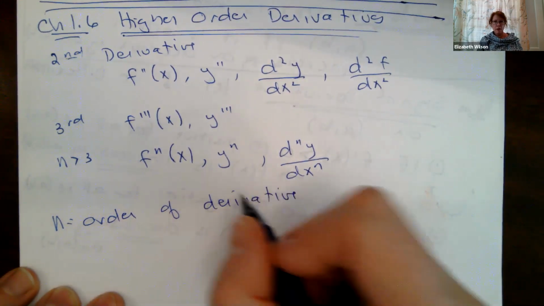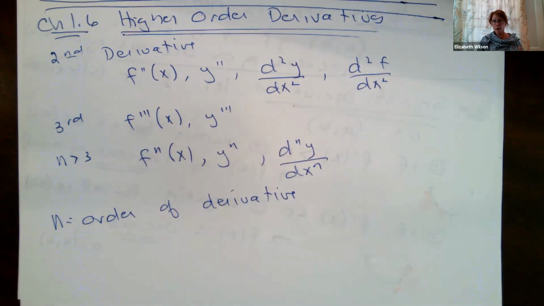Now, some functions, like a polynomial, there's a limit to how many derivatives I can take before I hit 0. X cubed, right? There's only so many derivatives I can take before I'm basically just at 0. No matter how many other derivatives I want to take, I'm just at 0. But there are other functions, a whole class of functions, where I can take an infinite number of derivatives.